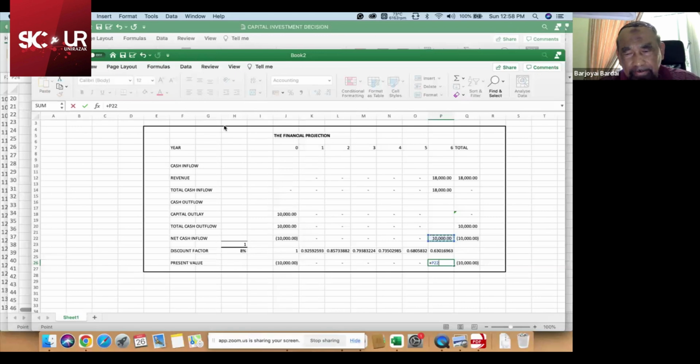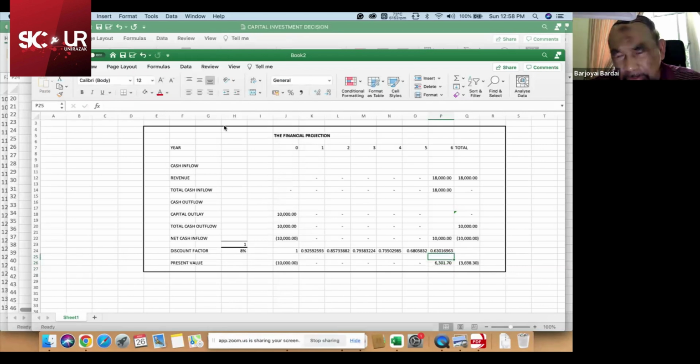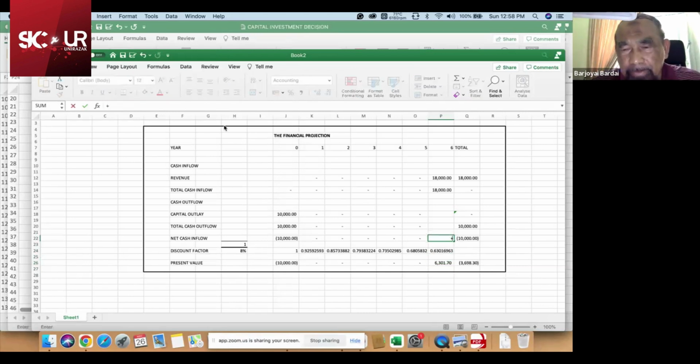The net cash inflow is, wait, let me correct this one first. So this is actually we'll use this figure.